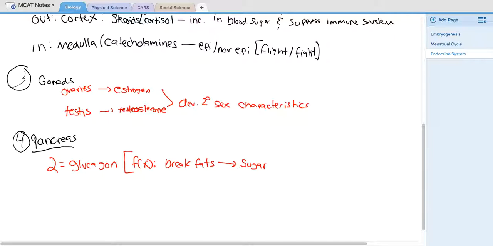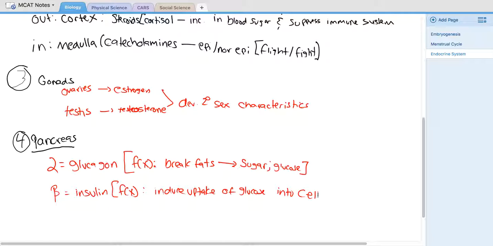And sugar is usually glucose. The beta cells will release insulin. And the function of insulin is to induce uptake of glucose into cells.